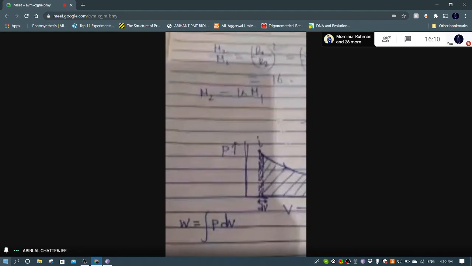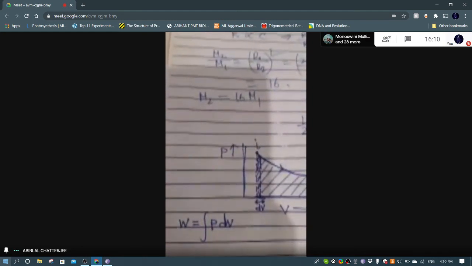Am I right? Then what will be the total area? The integration, and that gives you the work done. Remember it: work done by the gas equals integration of P dV. Is it clear?